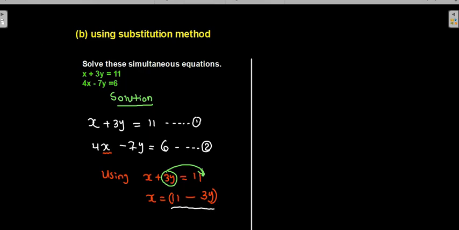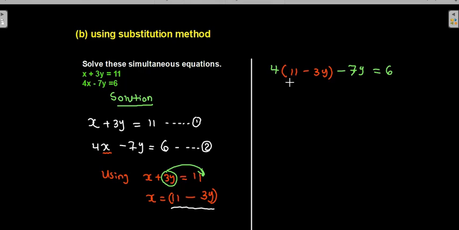Now we can write our equation as 4 in bracket 11 minus 3y, minus 7y equals 6.